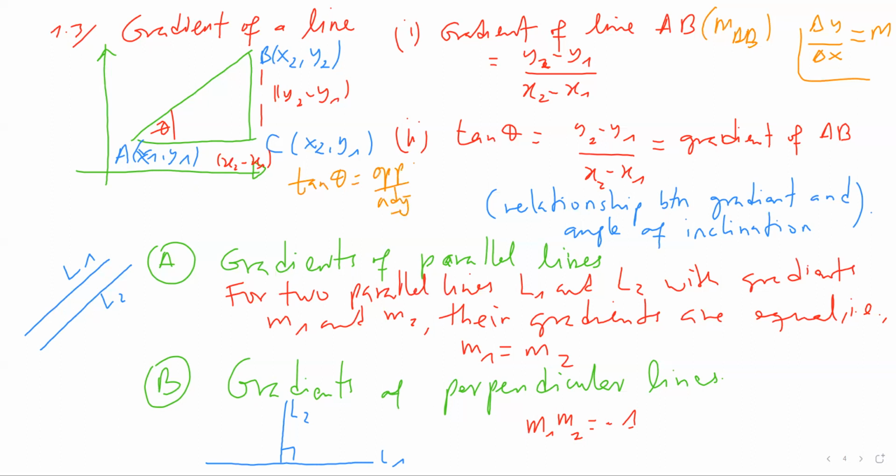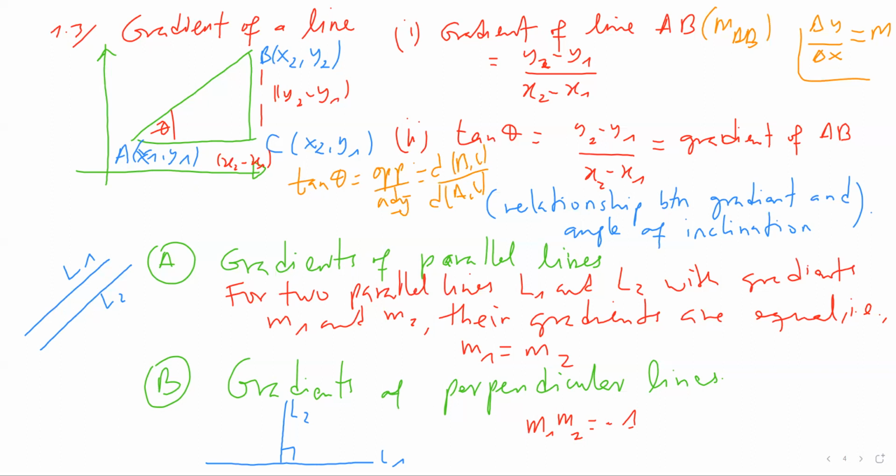And if we look at it, we see that if you have an angle of inclination theta, then tan theta is the opposite, which is the distance BC, over the adjacent, which is the distance AC. This gives us tan theta. And this is exactly the same as the gradient of AB. So the gradient of the line is connected to the angle of inclination the line makes with the x-axis as well.